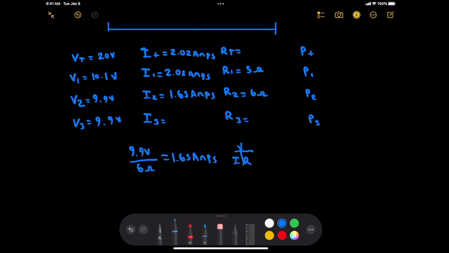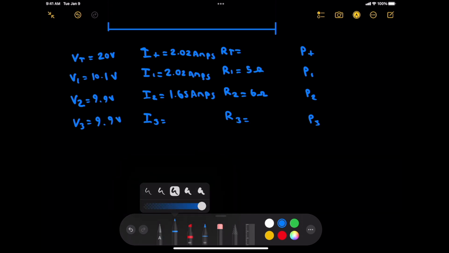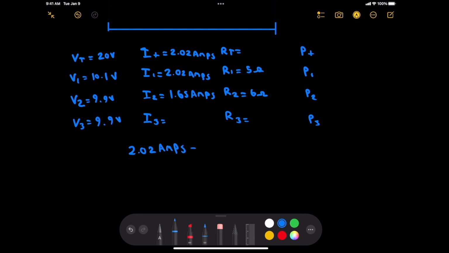All right. So from there, we can find how much current is going through I3, because we can't create or lose current. So that means what comes in is 2.02 amps. What comes out has to equal 2.02 amps to show that nothing's been added or taken away in this closed circuit. So the total current is 2.02 amps. And I2 is already draining 1.65 amps away from it.